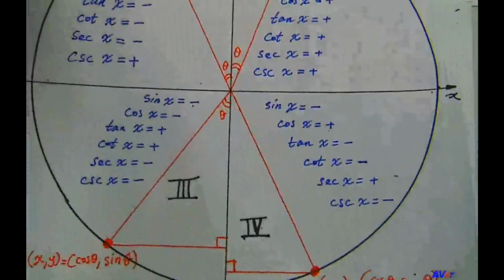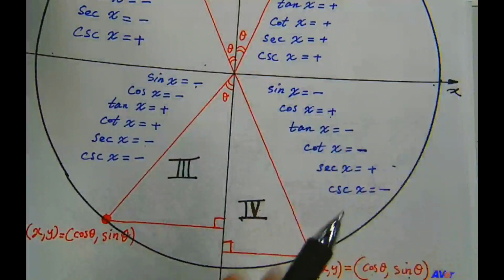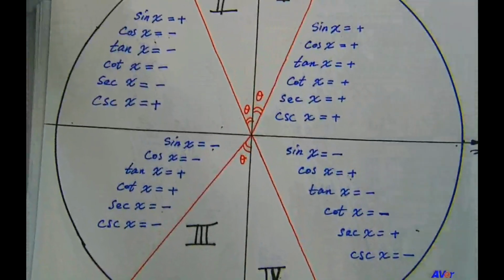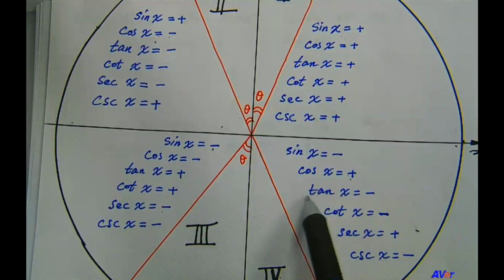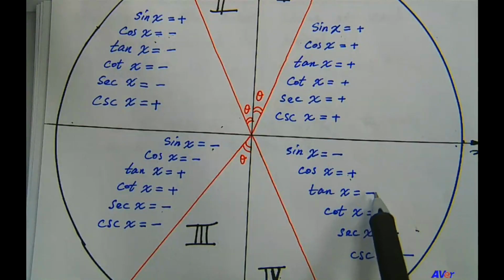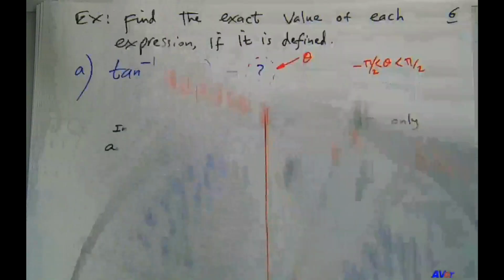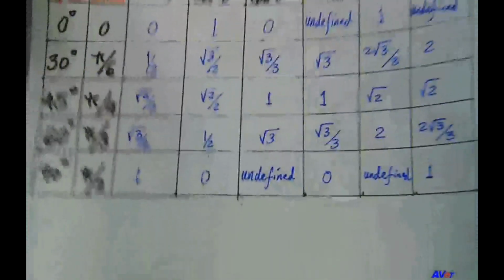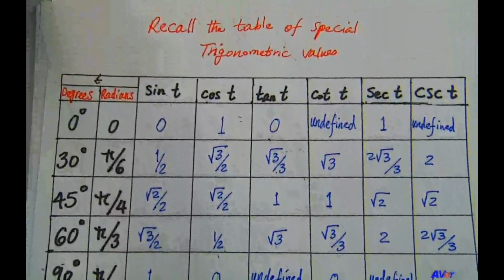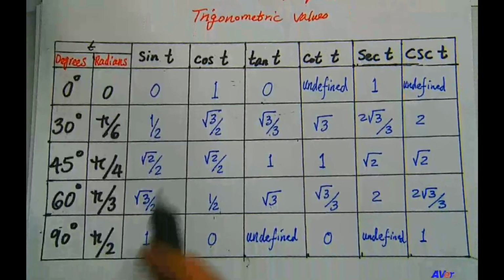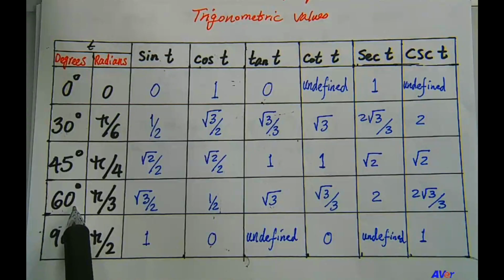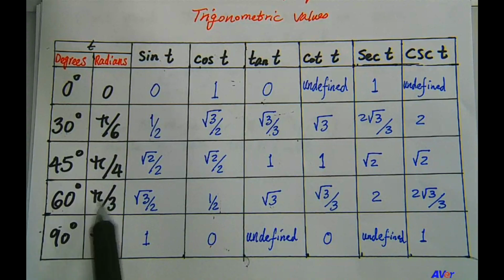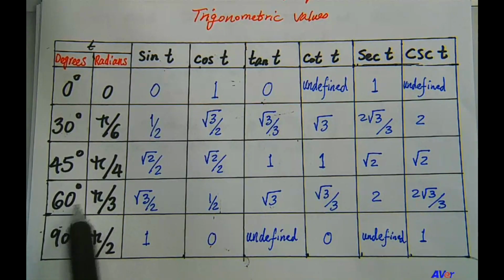So we definitely have to be here in the fourth quadrant, where the tangent is negative. But we still can use this special table of trigonometric values to find the reference angle. Whatever angle we're looking for, the reference angle is pi over 3.